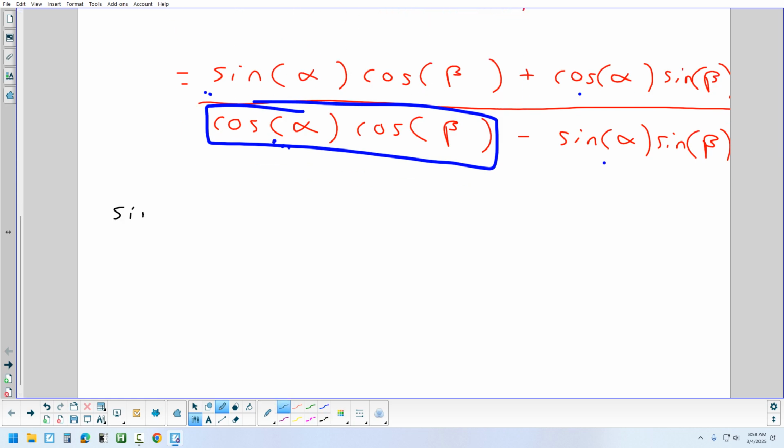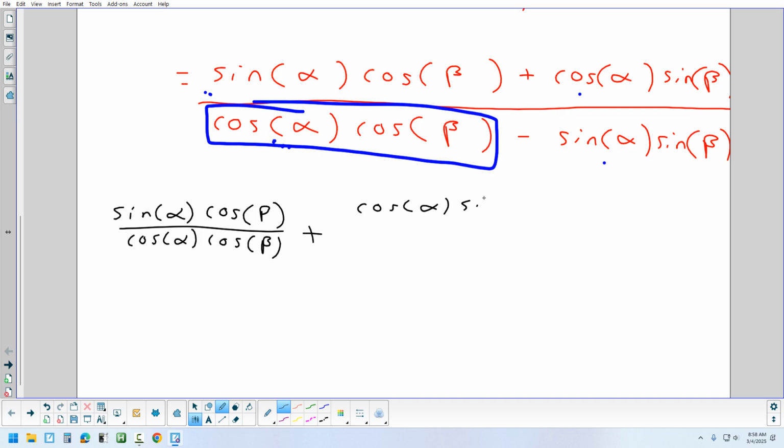So we got sine alpha, cosine beta. We're going to divide by what's in the blue box. So that's the upper left. Now the upper right, we have cosine alpha, sine beta, and we're going to divide that by what's in the blue box.